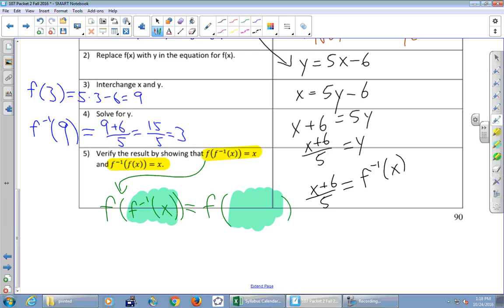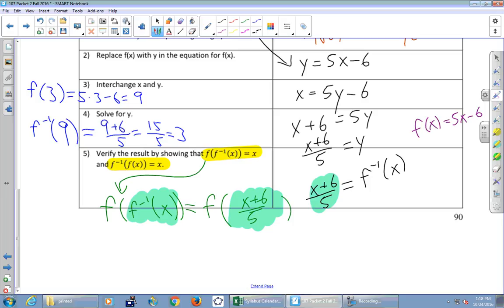What is that thing? That's this x plus 6 over 5, right? That is f inverse. Okay, and now here's the hardest part. I'm going to write f of x over here just so we have it on the screen. It was 5x minus 6, right? Yes, that was f of x.